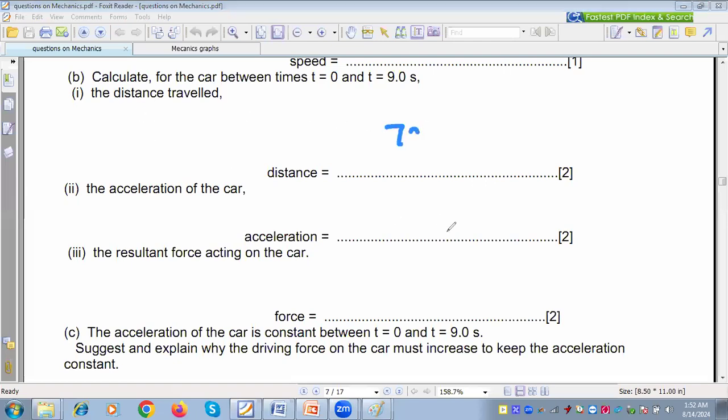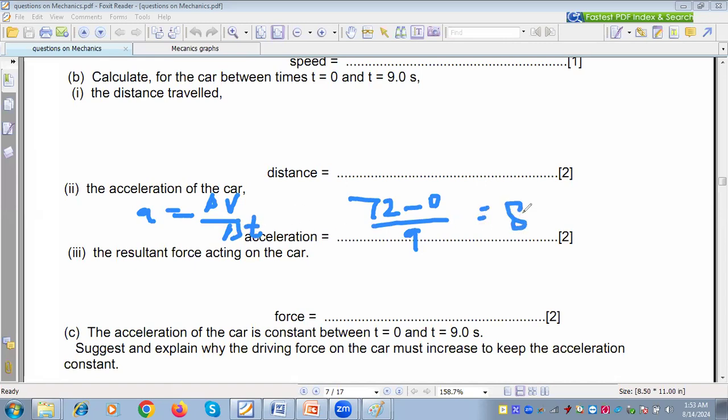That is delta V over delta T, 72 minus 0 divided by 9, 8 meter per second square.